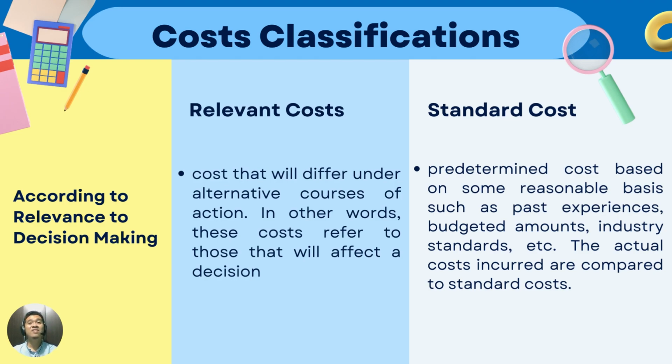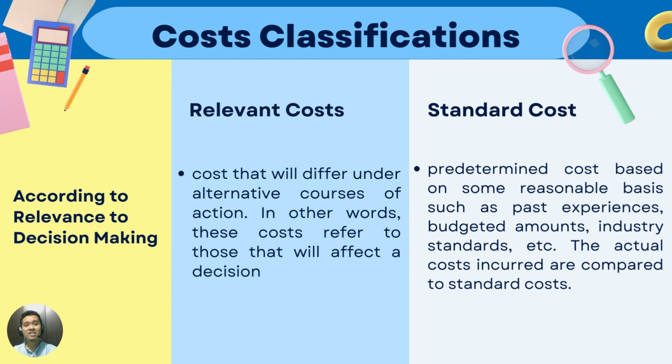So ang relevant costing or relevant cost, let's say, a make or buy decision. Kanang make or buy decision, apil na siya sa relevant costing. Kung ikaw as a businessman, himuon ba nimo ni na product or palitan na lang nimo ang product, asa mas maka-save or mas maka-income. Kanang ana na cost, ang tawag doon is relevant cost or relevant costing.